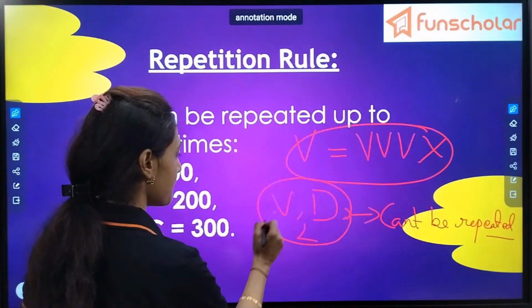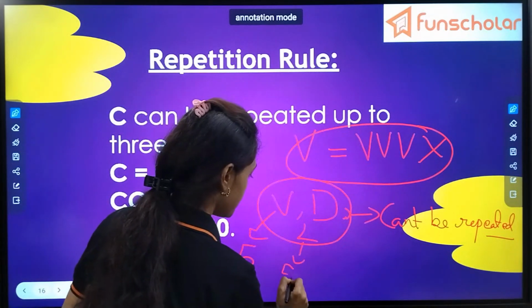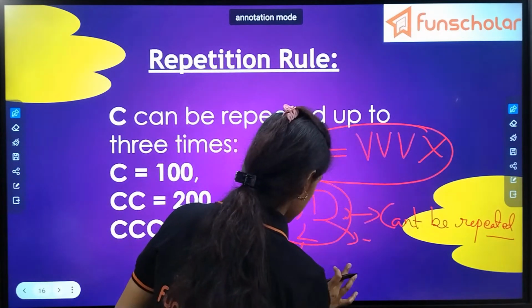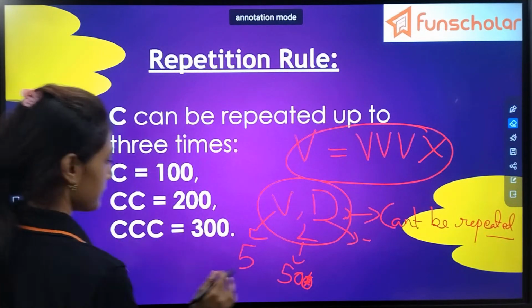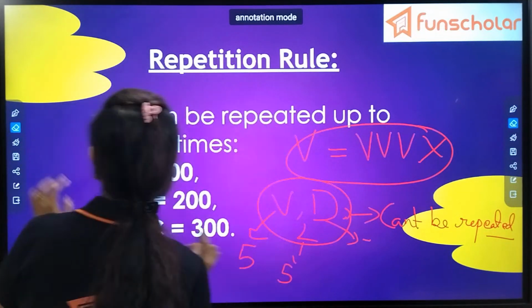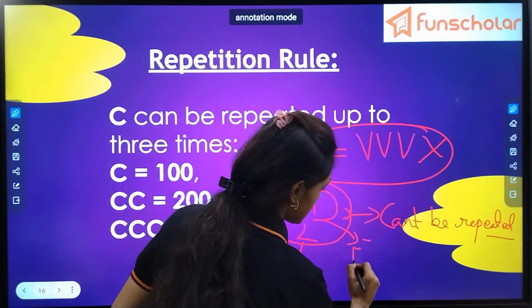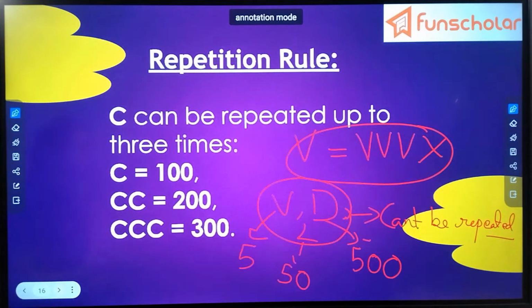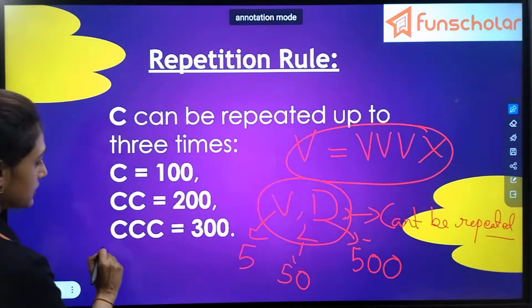V represents 5, it will be written as 5 only. L represents 50 and D represents 500. Okay, if you want, you can take a screenshot. C can be repeated up to 3 times.